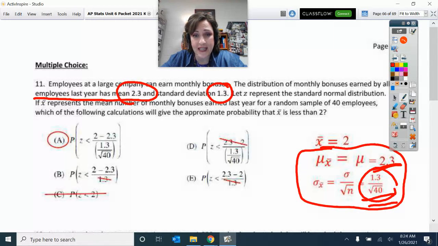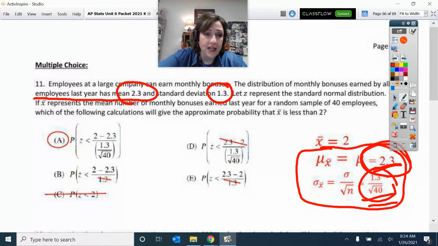So because of this, I can already knock off everything except for two answer choices. Now the question is, what's the order of the numerator? Is it 2 minus 2.3 or 2.3 minus 2? Well, since this is the mean, I know the mean comes second. So that's why A is the answer choice.